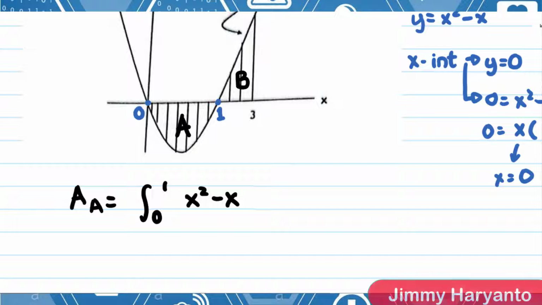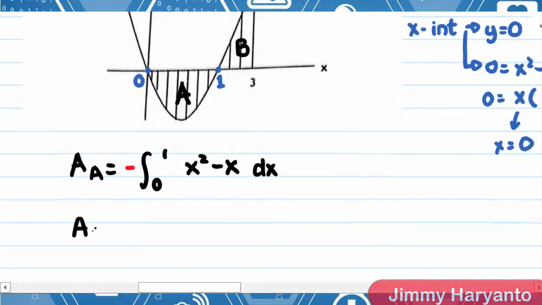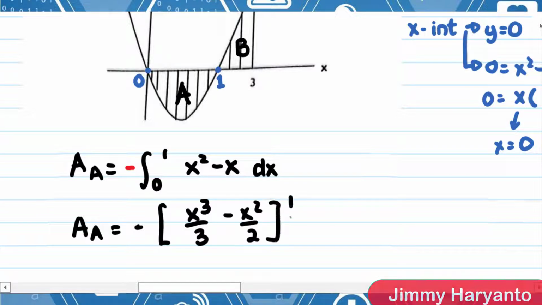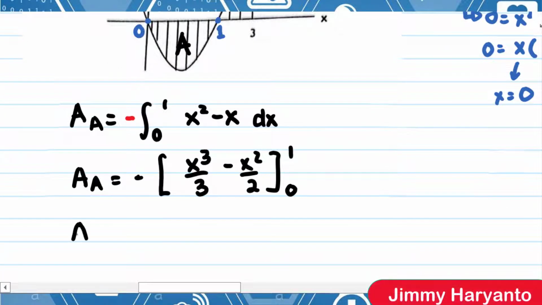Because the area is below the x-axis, you have to put a negative sign in front of the integration, and then you can integrate it like this: x to the power of 3 over 3 minus x to the power of 2 over 2, and then you put 1 and 0 into the result.